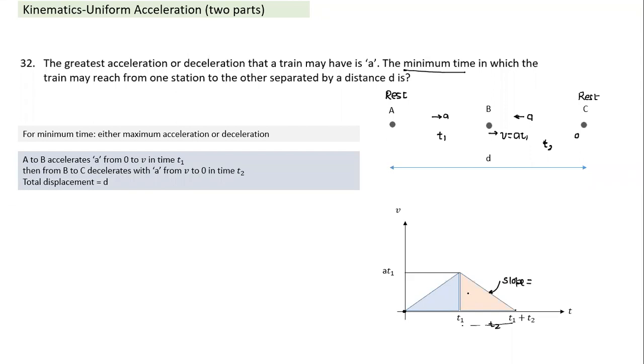Retardation will be equal to slope, delta y by delta x, ignoring the sign, at1 divided by t2. And this slope is equal to a because the retardations are equal. Hence, t1 is equal to t2.